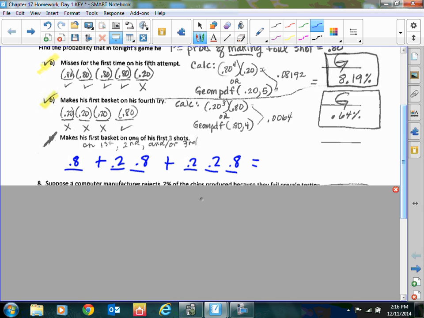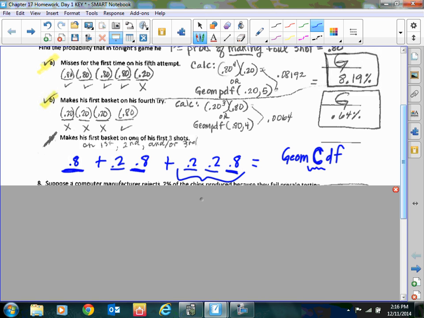The calculator does give us another little thing to do this with, and it is called geometric CDF, because I'm going to do this accumulation, cumulative. I'm going to accumulate not only this landing in the 3rd spot, but I want it to land in the 2nd spot and the 1st spot as well.